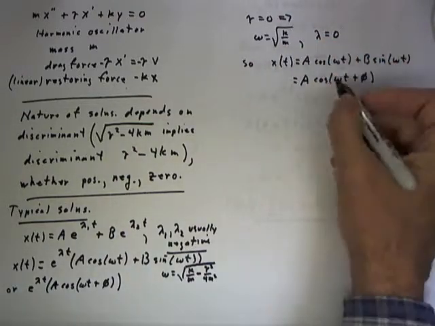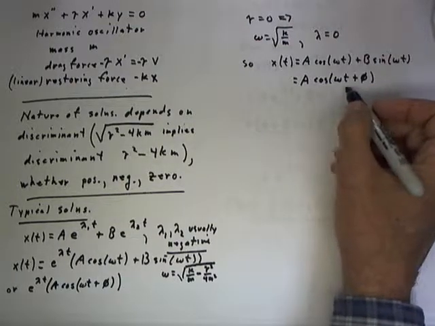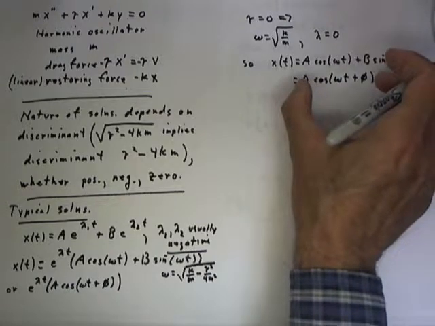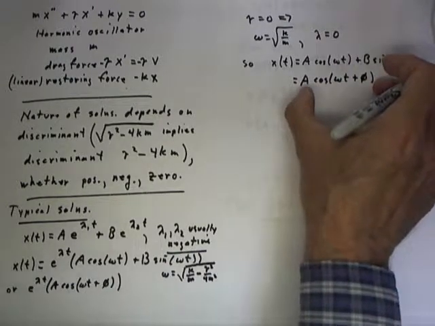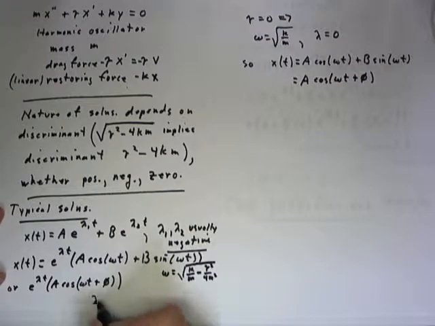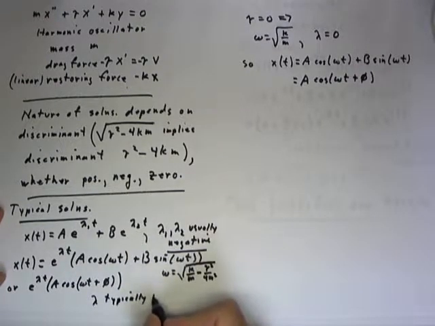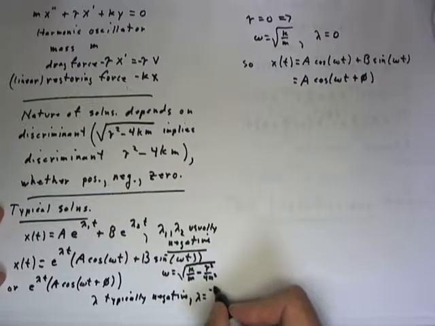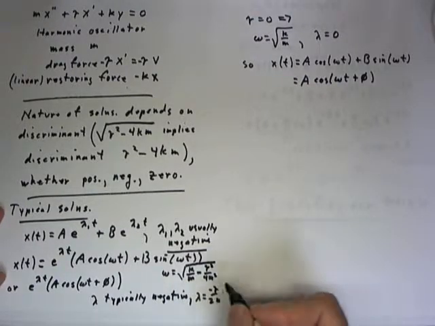So it would be an oscillator that simply continues oscillating forever. We see that there's no decrease in the amplitude of this function, whereas down here the amplitude effectively becomes e^(λt) times a, and again in this case λ is typically negative. In fact, λ is just negative γ over 2m.